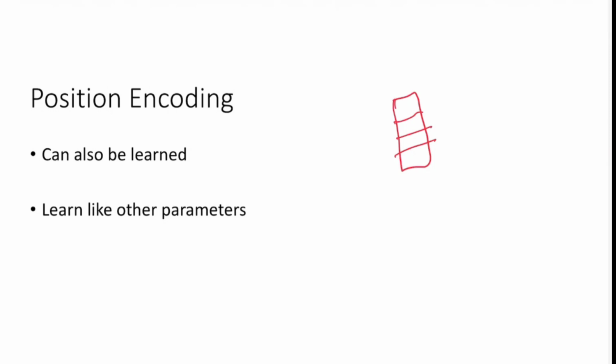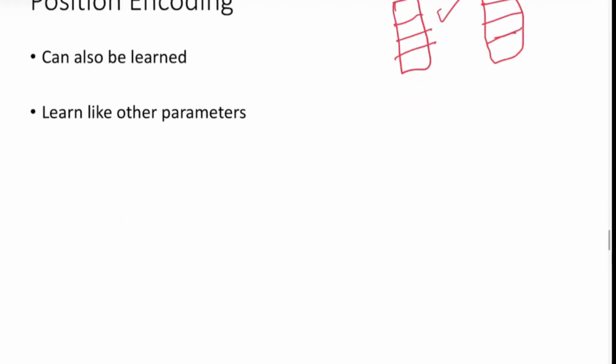Instead, you learn by yourself which type of function to learn for making the vector, so that it will be unique for every position. So it can be learned also like parameters.